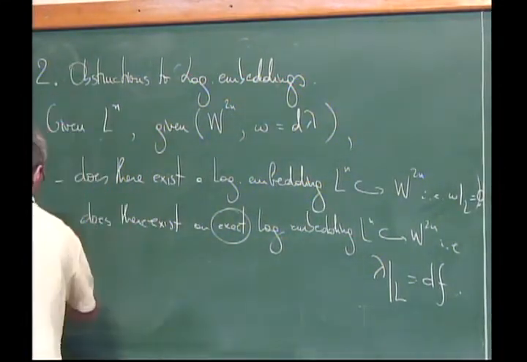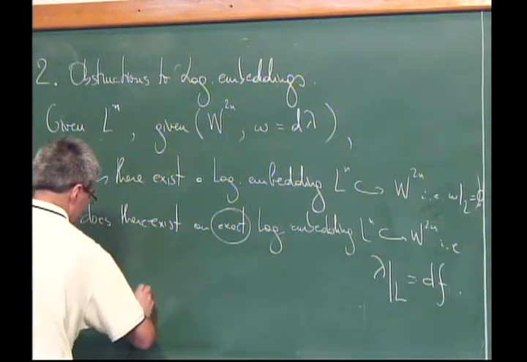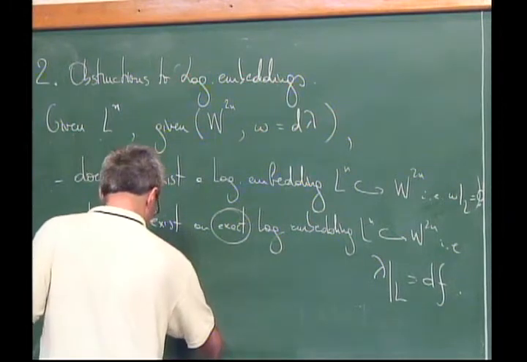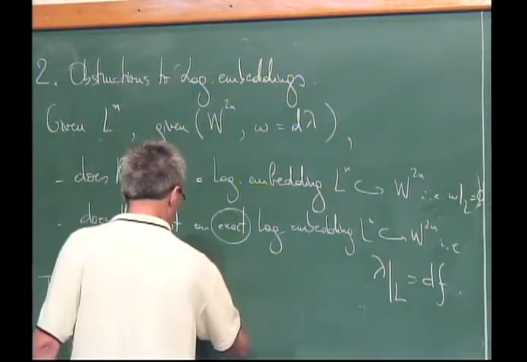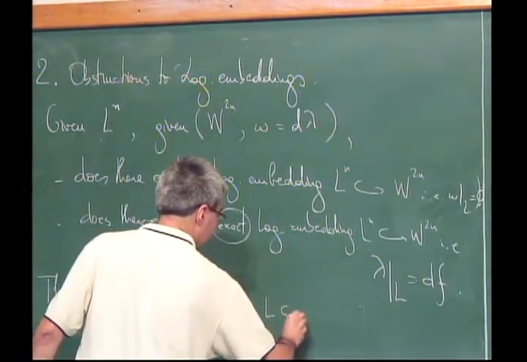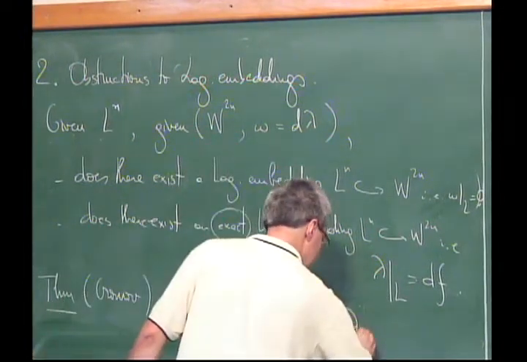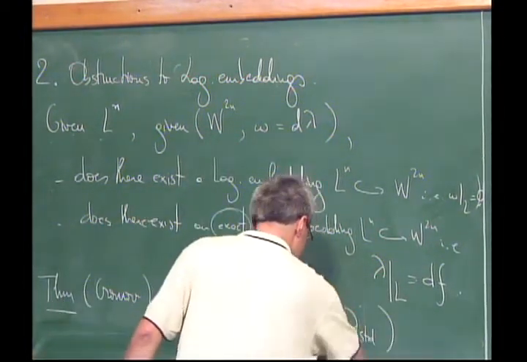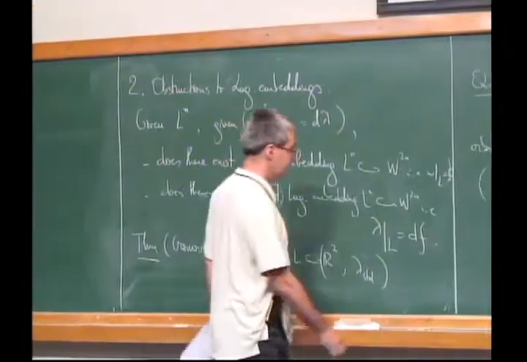So the first groundbreaking result here was that of Gromov, who proved that there is no exact Lagrangian in R^2n, endowed with the standard Liouville form.